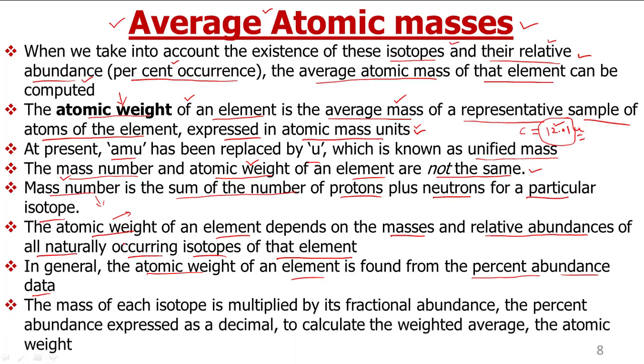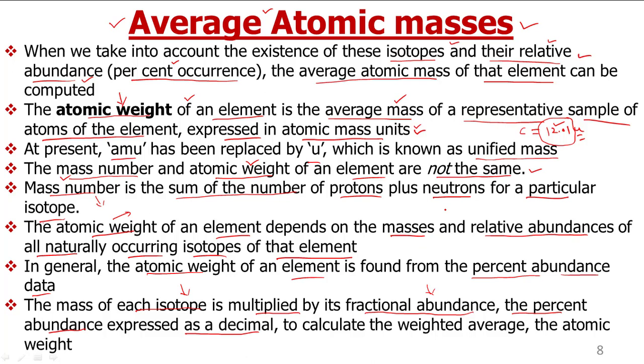So how do we calculate the average mass? This is very important. The mass of each isotope is multiplied by its fractional abundance. What is fractional abundance? It is the percent abundance expressed as a decimal.